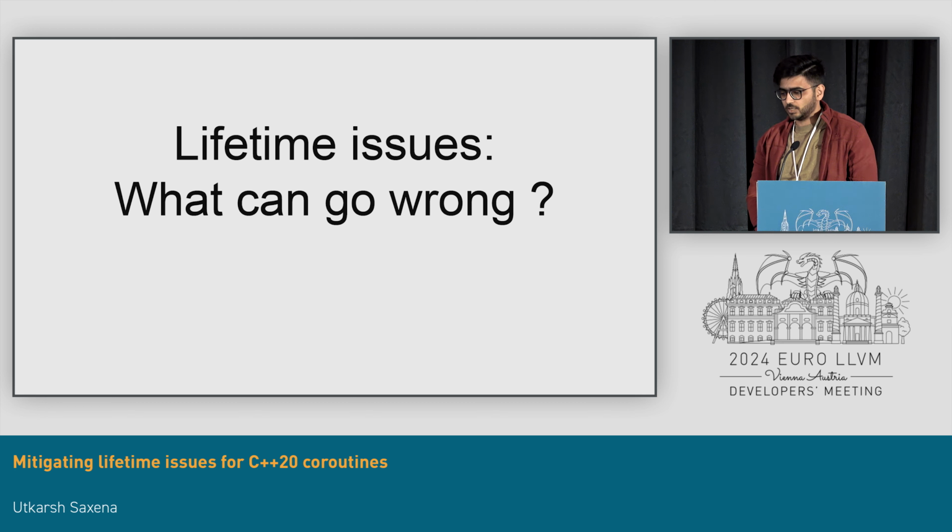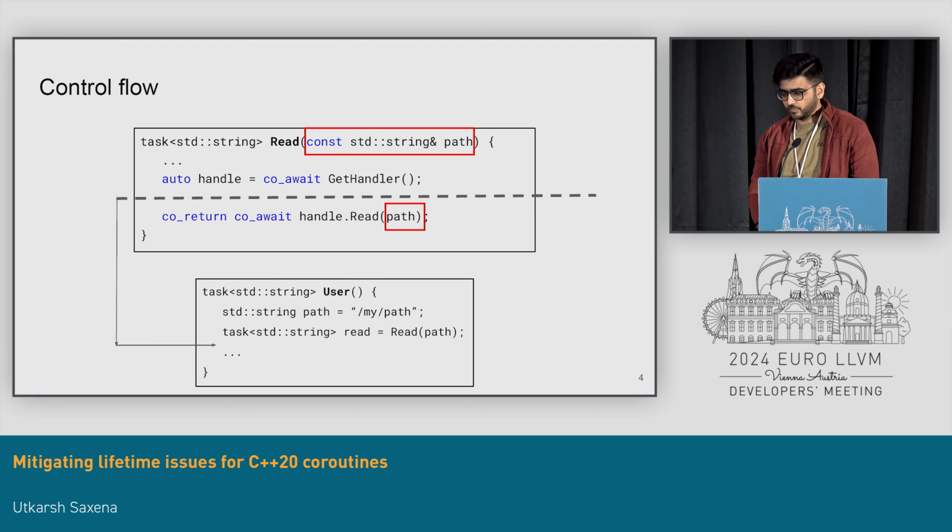Let's see what lifetime issues we can encounter while using them. Before that, let's dive into the control flow: what happens when you use a coroutine from a simple function. Let's consider this user function below. It constructs a path local variable and passes it to the read coroutine, and then the execution of the coroutine starts.